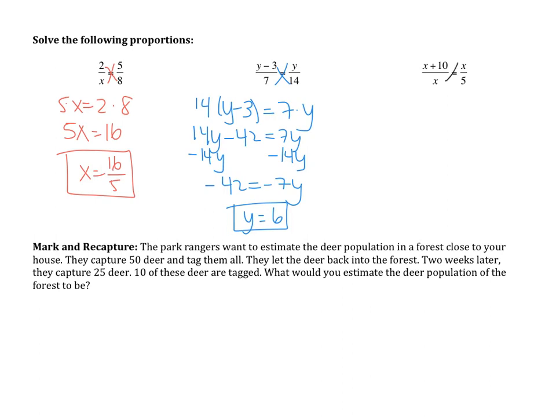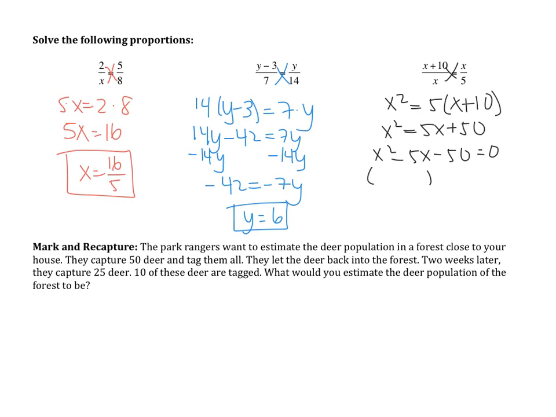And then for the last one, x times x is x squared, and then I have 5 times x plus 10. So this gives me x squared equals 5x plus 50. If I subtract 5x and I subtract 50, I get x squared minus 5x minus 50 equals 0. Now, this is a review from Algebra 1, so you might not remember how to solve this.